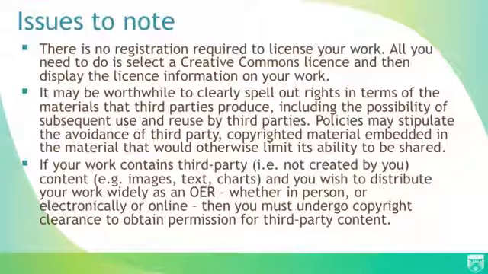What you do is, once you create a particular work, you identify the license under which, for example, you want to just use a CC BY license, or you want to use a CC BY-SA license, or a license where the content cannot be used commercially, so you would say CC BY-NC-SA, non-commercial. So you put those terms, use the relevant icon, give a link to that particular license on the work, and display the license information on your work, right?